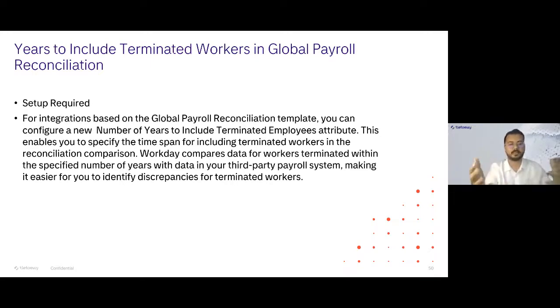This enables you to specify the time span for including terminated workers in the reconciliation comparison. Workday compares data for workers terminated within the specified number of years with data in your third-party payroll system, making it easier for you to identify discrepancies for terminated workers.